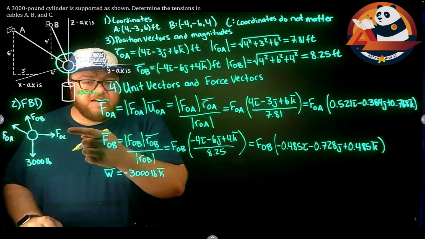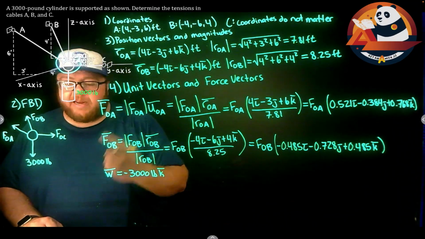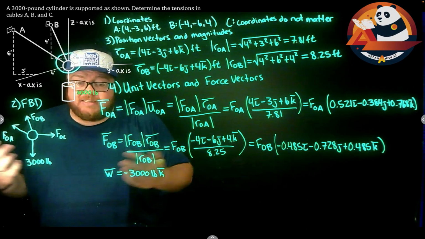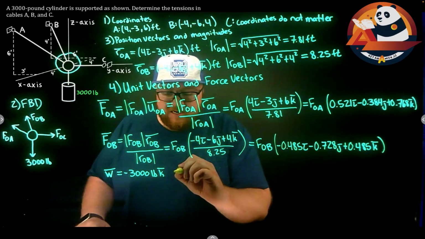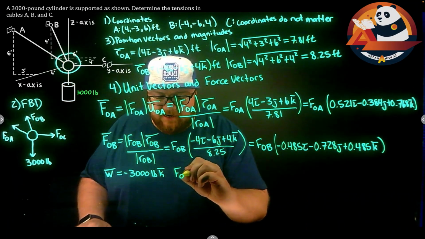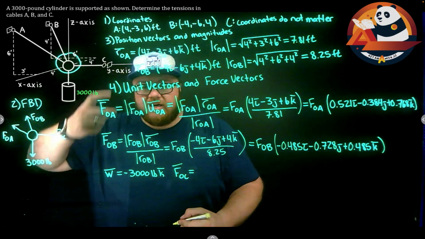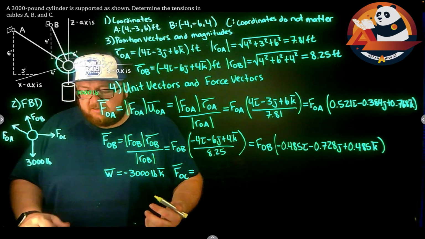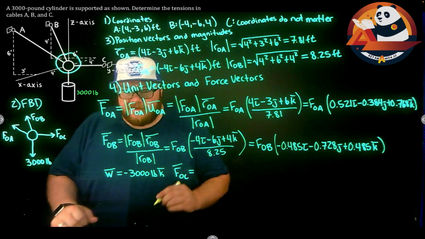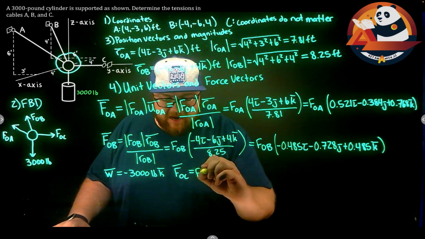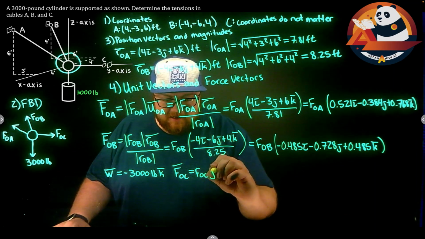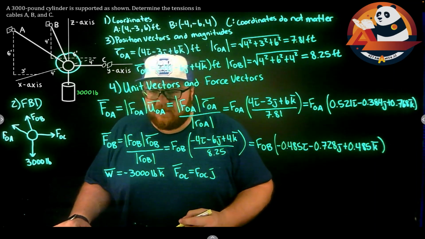I know this goes entirely in the Y. It's just 1J. This was negative 1K. That's it to it. So my FOC as a vector, FOC points in the positive Y direction, so it's just FOC equals our unknown magnitude FOC times the J vector. And that's it for us.